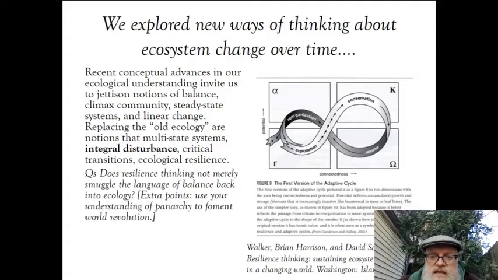One, it extends the traditional model of ecological change, the traditional successional models, which at the beginning of the 20th century led us to a conclusion that in the absence of disturbance, ecosystems arrive at a climax condition which is fairly stable in perpetuity as long as there has not been a human disturbance imposed upon them.